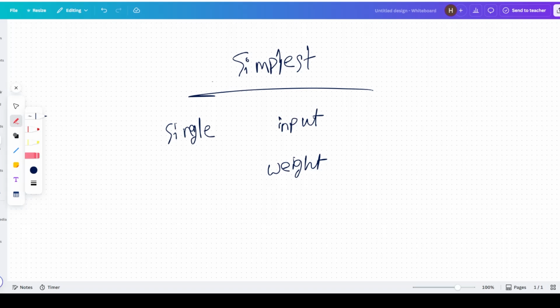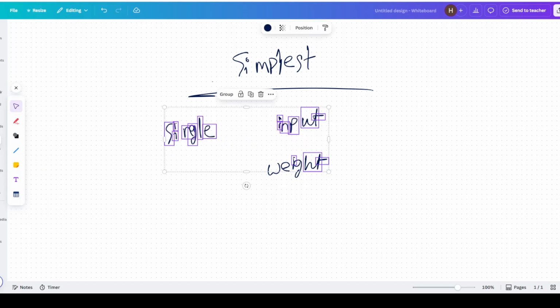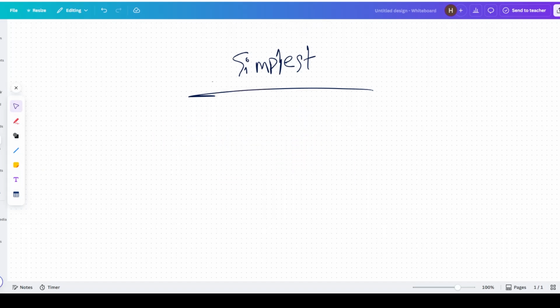We will be using a single input and weight to understand this concept.